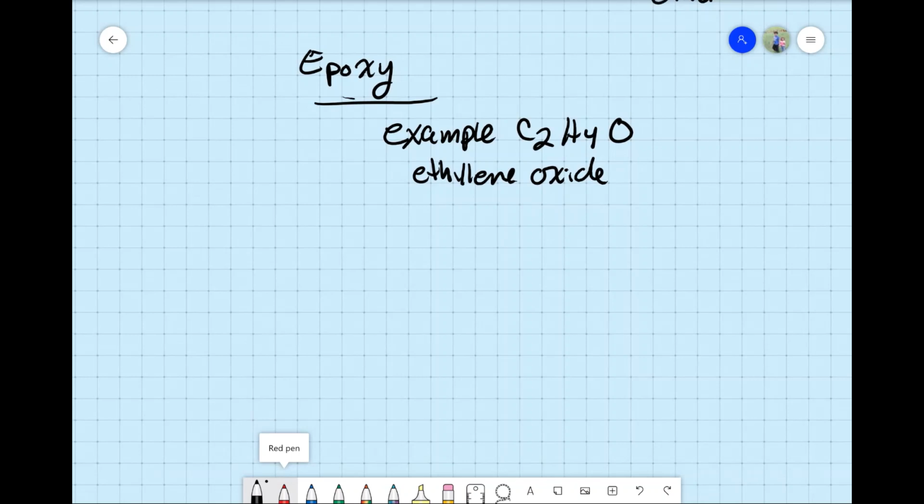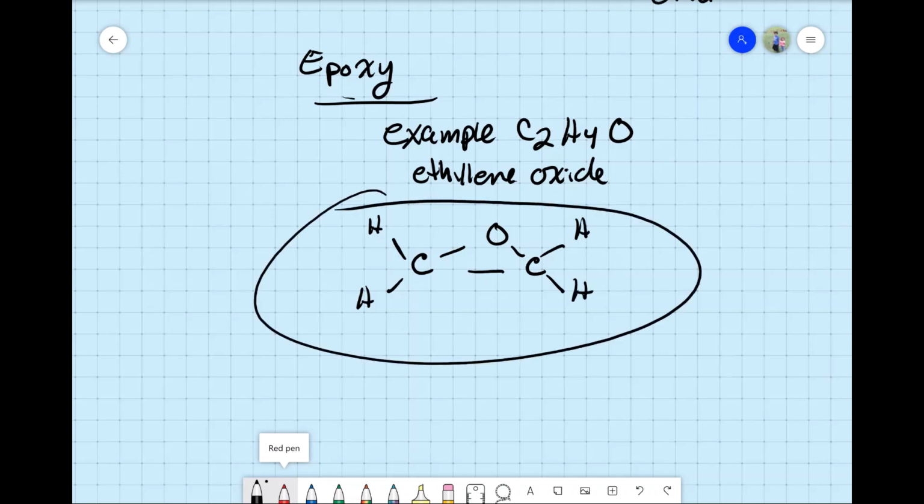If you draw it out, and let's see if I can remember. Epoxy structures, it ends up being a thermoset polymer. Some thermoset polymers anyway, are basically based on molecules of this structure.